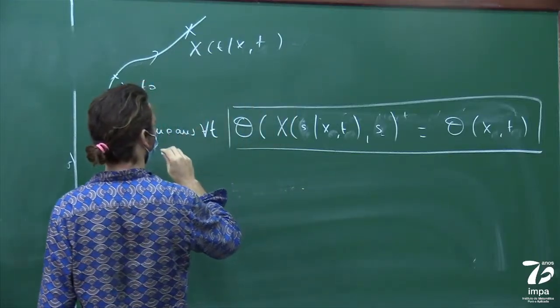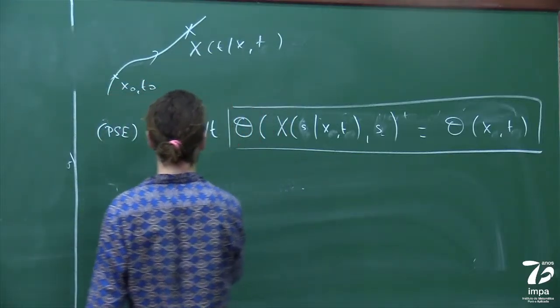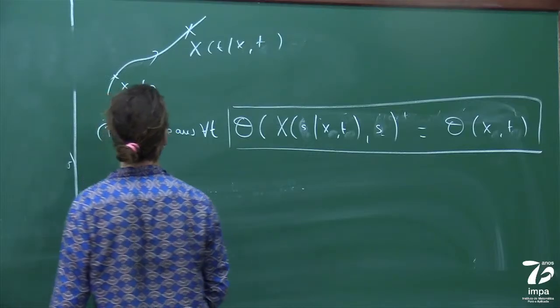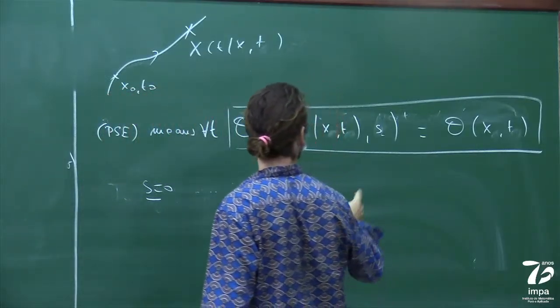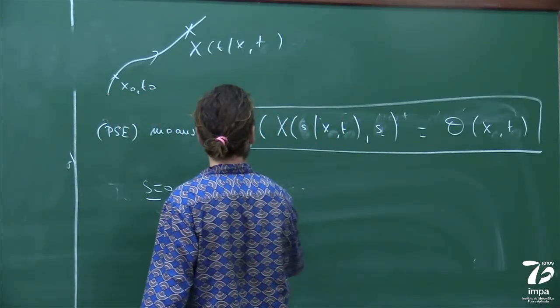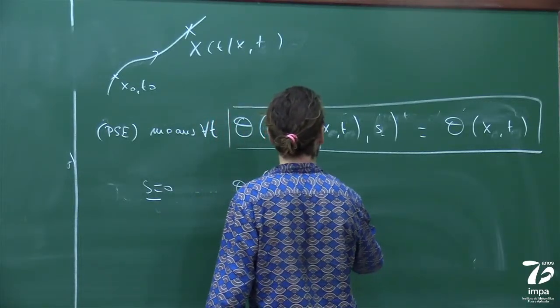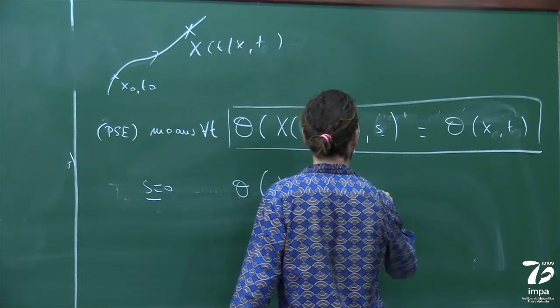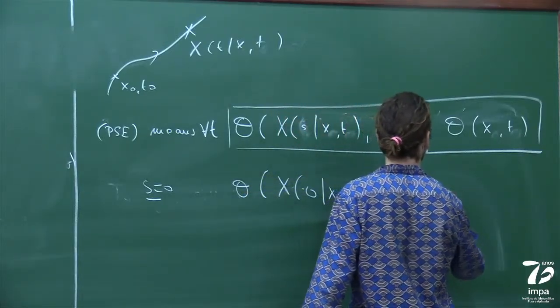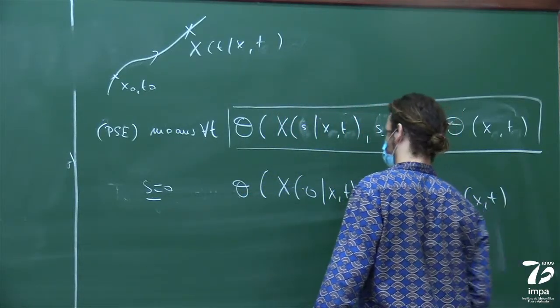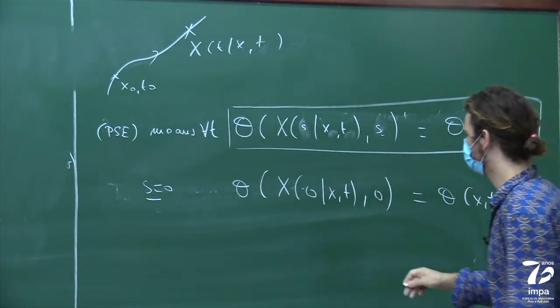It means that theta of x at time 0, knowing that there was an x, t at 0, is theta of x, t. So what is this?